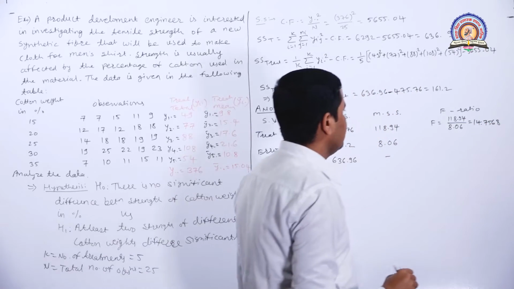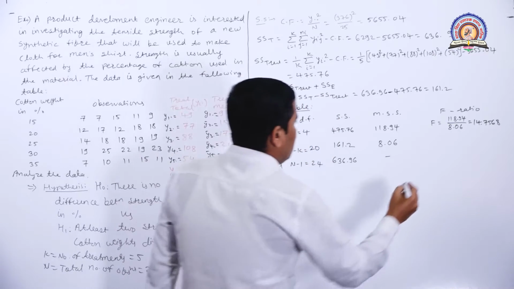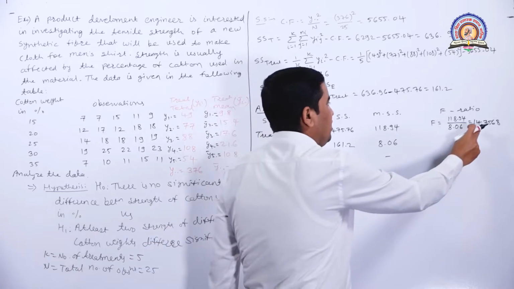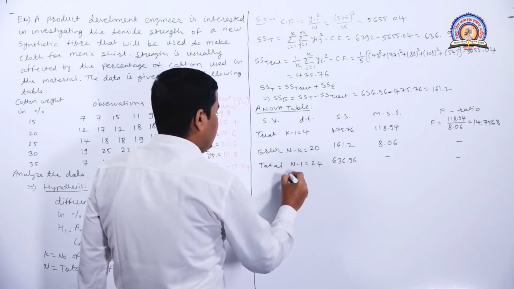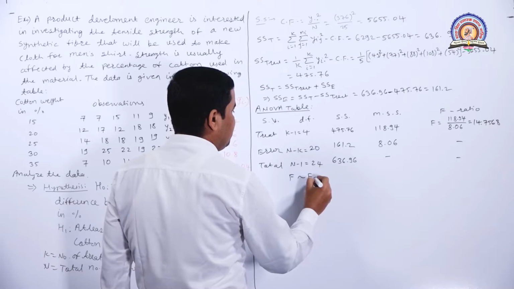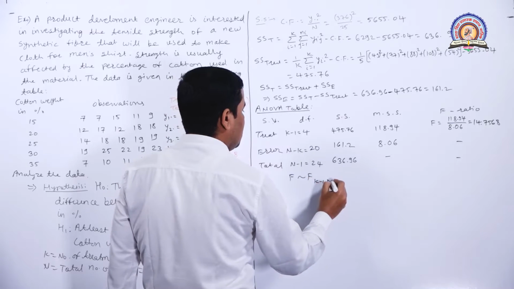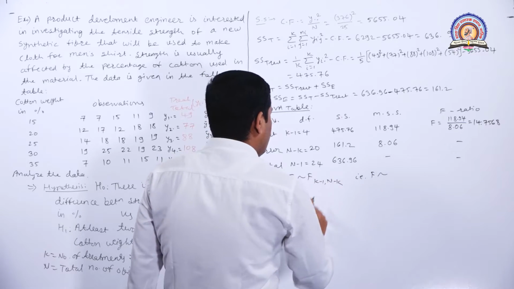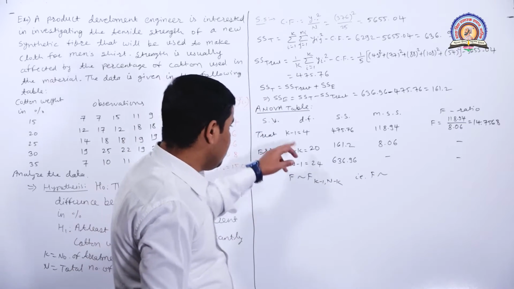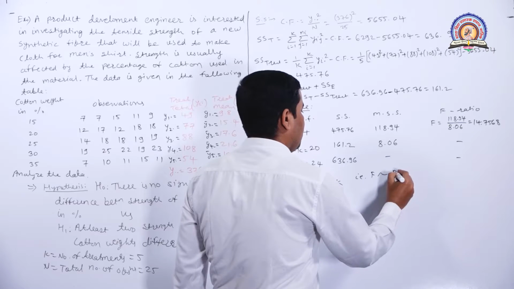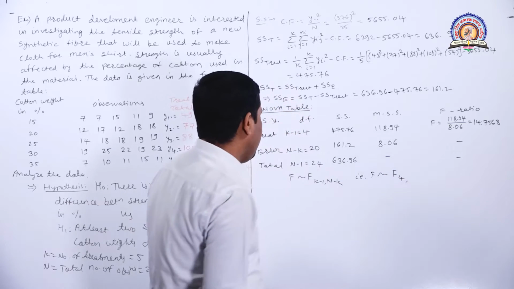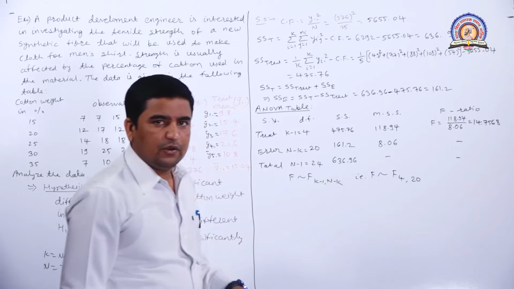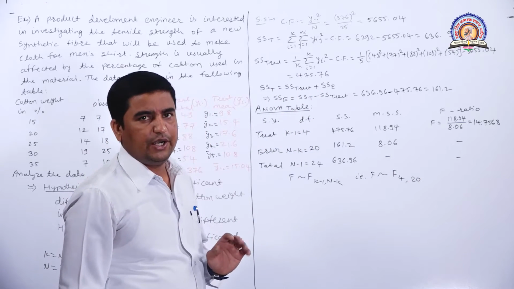After obtaining this F ratio, this is called the calculated value of F. This F follows an F distribution with k minus 1, which is 4, and N minus k, which is 20. So this F follows the F distribution with 4 comma 20.